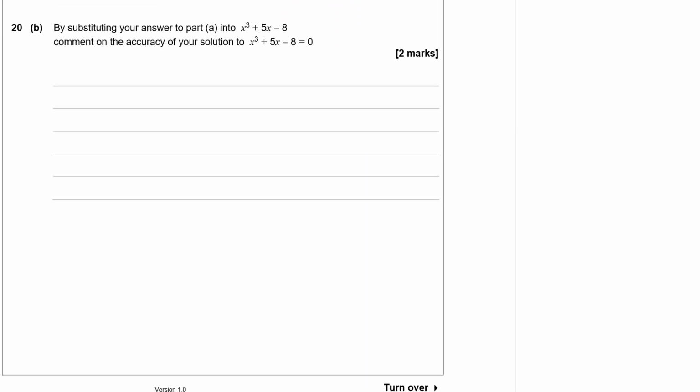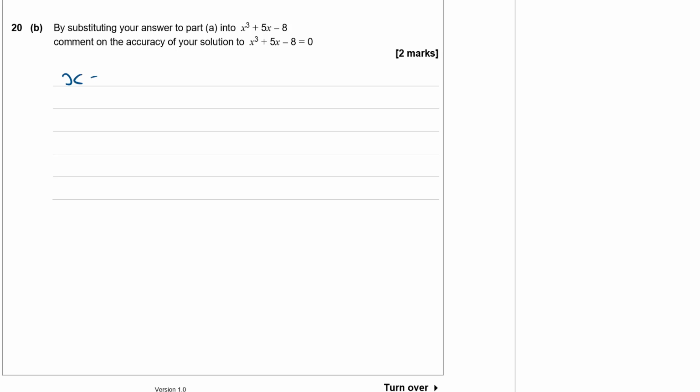Okay, by substituting your answer to part A into x cubed plus 5x minus 8, comment on the accuracy of your solution. Okay, so basically we're now going to have to put this horrendous value into this equation and calculate what we've got.